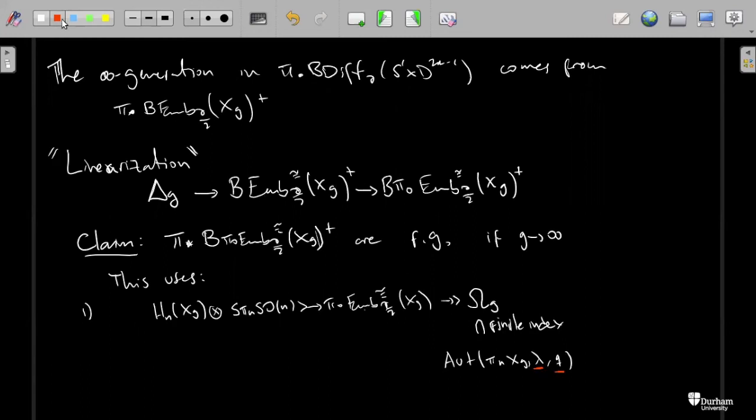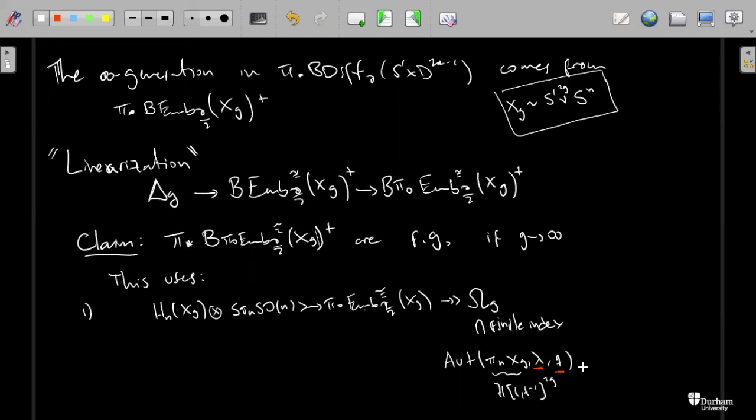But then pi n of XG, if you compute that group, and I'm not sure if I said this or if you have noticed it already, but XG is homotopy equivalent to S1 wedge 2g copies of Sn. So it's easy to compute that specific homotopy group, and you can make it isomorphic to Z[T, T inverse] to the 2g.